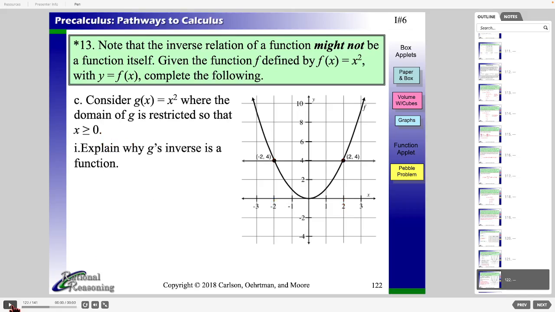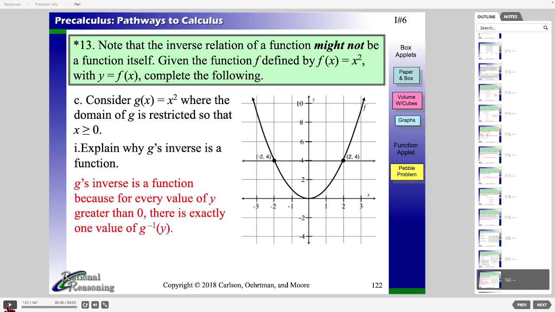So for this reason, what we do is we restrict the domain to make the function what we call 1-to-1. Each input has only one output. Now, this is still a function if each input has only one output. But for a 1-to-1 function, each output also has only one input.